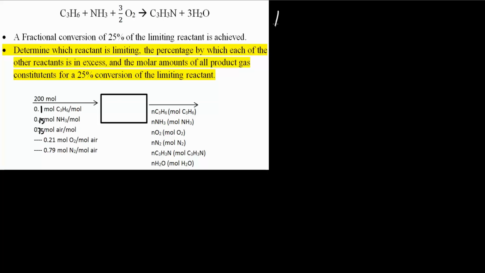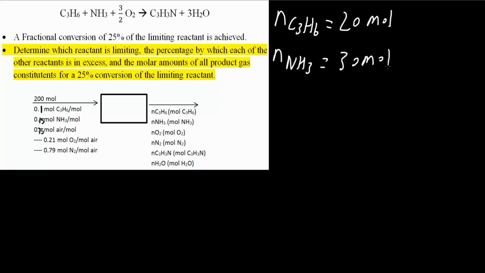So we have N C3H6, and we have 200 times 0.1, so that's going to give us 20 moles. Then we have N NH3, and 200 times 0.15 gives us 30 moles going in.